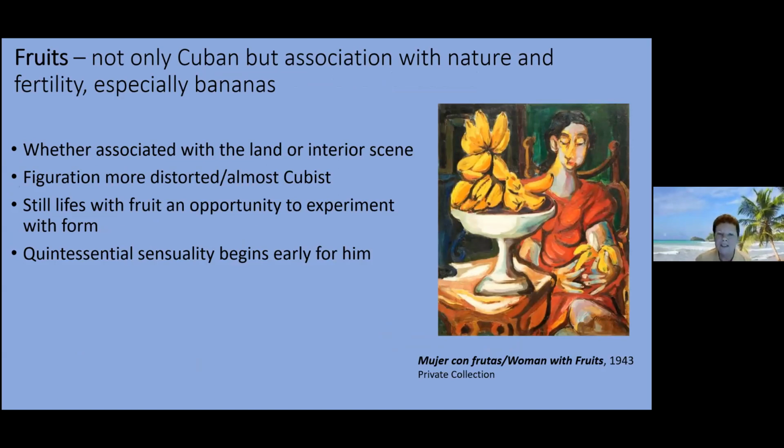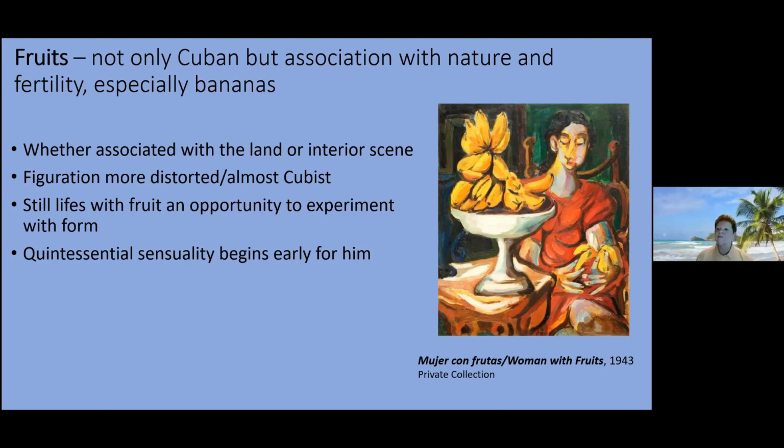Here, the figuration has become more distorted. This is from 1943, almost cubist, not quite, but almost cubist, but the bright, wonderful colors are more fauve and expressionistic than Cuban. So he likes playing with still lifes.